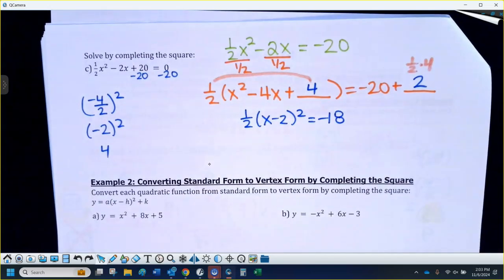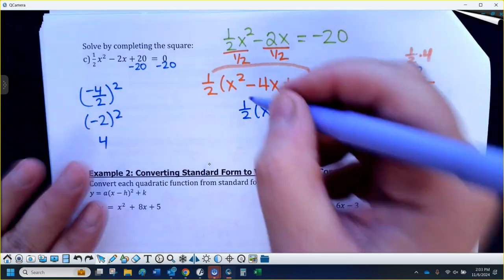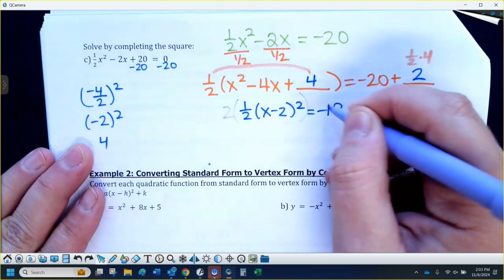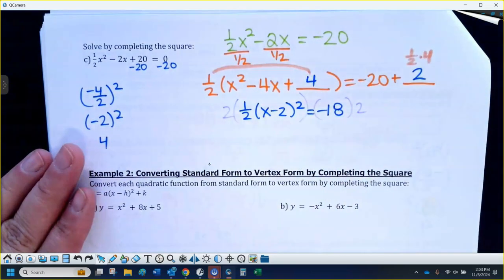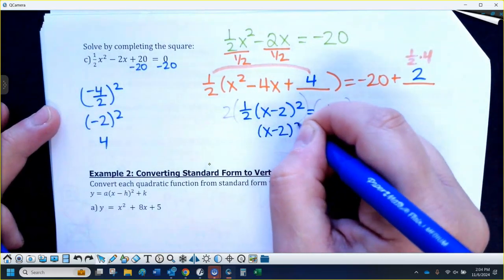What would you do maybe as your next step? There's a couple different ways you could do this. Like if I want to get rid of 1/2, how can I get rid of 1/2? Yeah, I would just multiply by 2. I would cancel the 1/2 out. So we get x minus 2 squared.